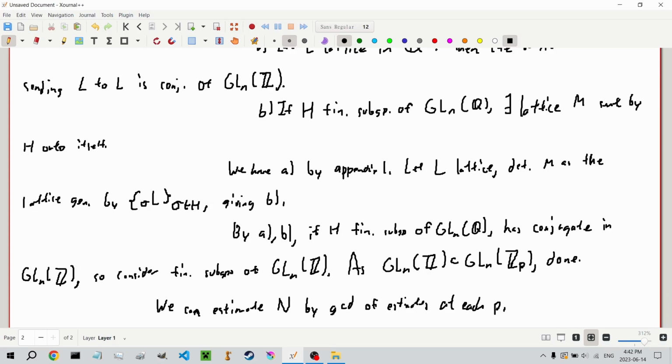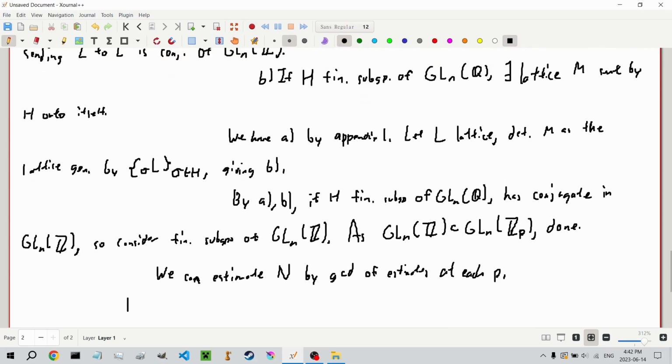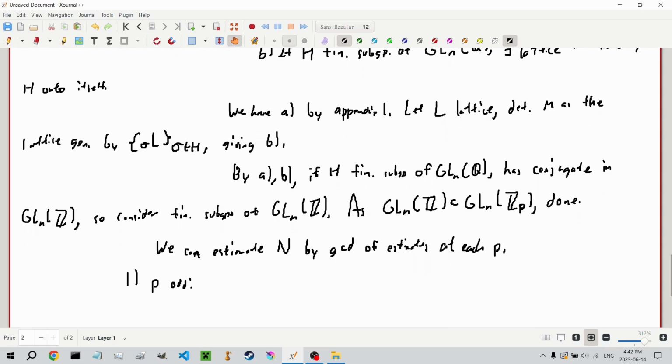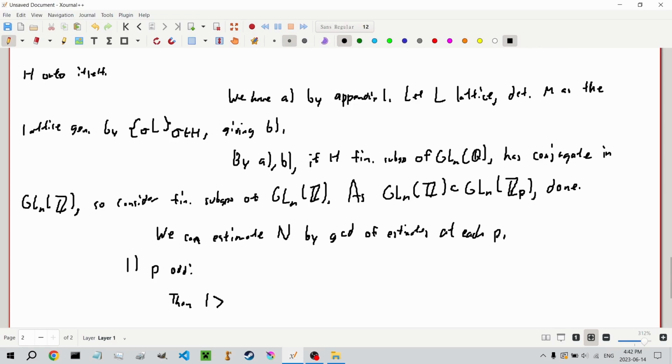Looking at the page. So first off, if p is odd, then 1 is greater than 1 over p minus 1. The only prime we can fail for is 2.